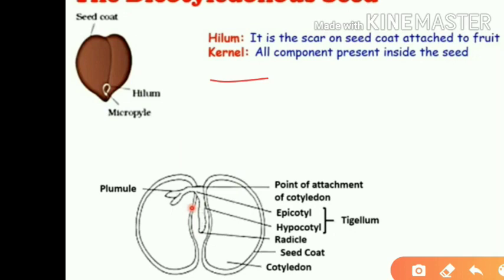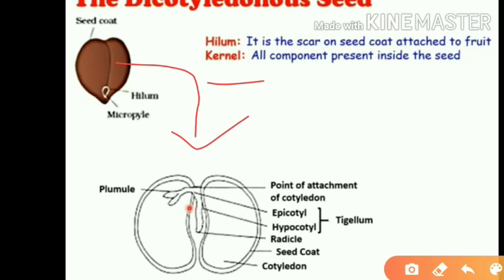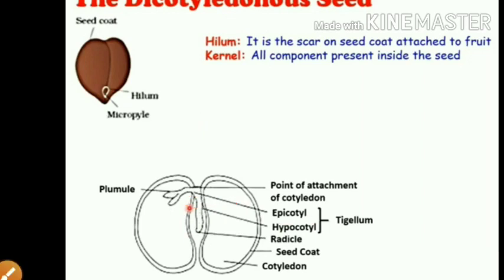If you open this seed in this manner, you will get a clear idea. Have a look here. This part is the epicotyl, which is present at the upper side, and just below that the hypocotyl is present.